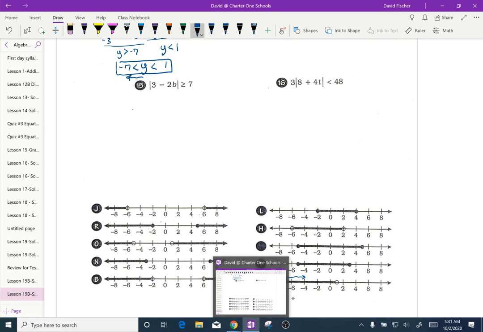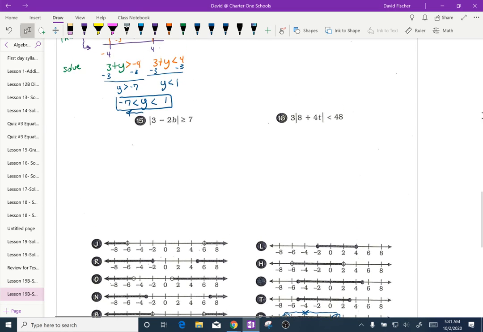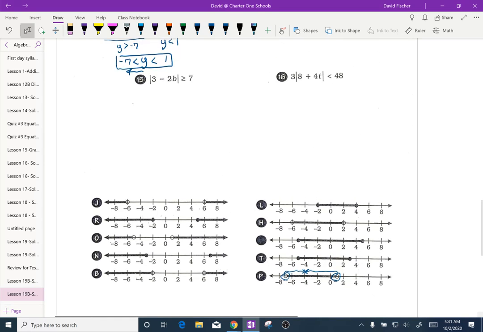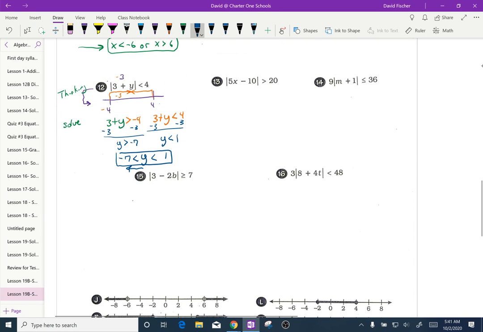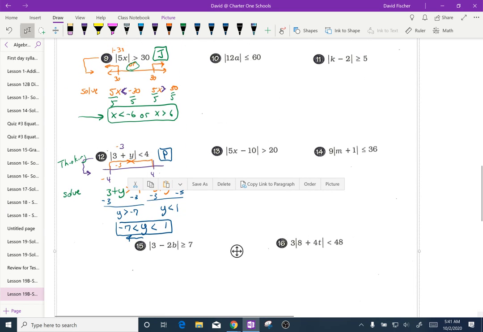And yet y is less than 1. Yep, that's less than 1. I have open circles. Over here on my problem, I had no or equal to signs, so I think I like that one. What did we say? Letter P. So again, I would put these letters here, so when you go to Google Forms, all you have to do is say 12 is P, 9 is J.